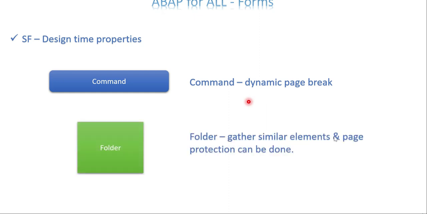So folder, one particular option for folder is you can collect all kinds of design components. It's for better understanding of your design, for you as well as the future developer. So if you want to keep all relevant components in one folder, yes, go to the folder. Along with that, you're able to make a page protection.